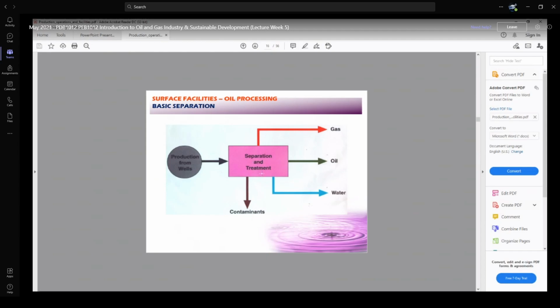In separation process and treatment, the first thing we need to do is take the contaminants from our stream out, the solids, some waste, the sand, everything, we have to get it out first.